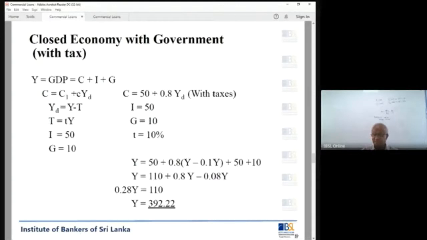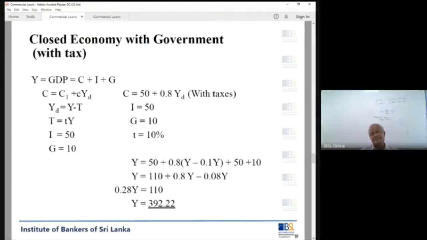What are the other changes? Consumption is now C1 plus cYD. So the consumption depends on your disposable income, not the actual income. You don't have 1 million. You have only 900,000, 9 lakhs, not the 10 lakhs. Therefore, consumption depends on disposable income.